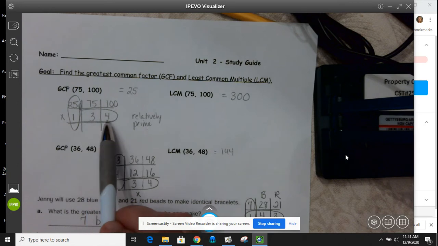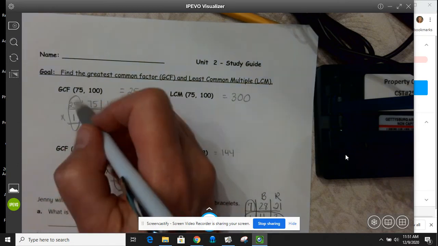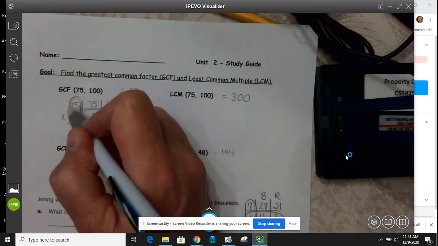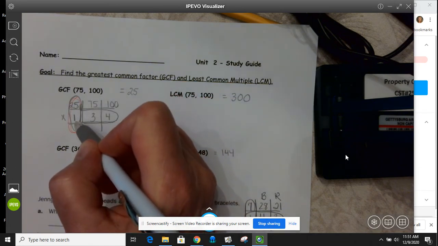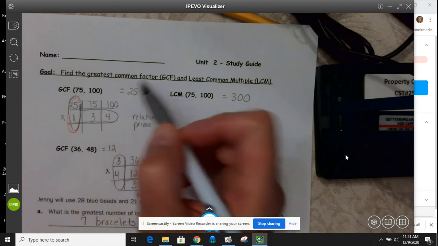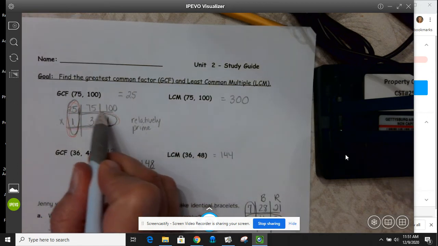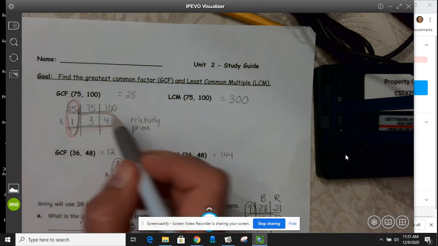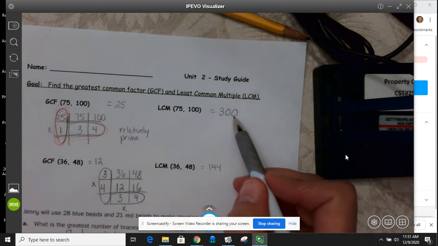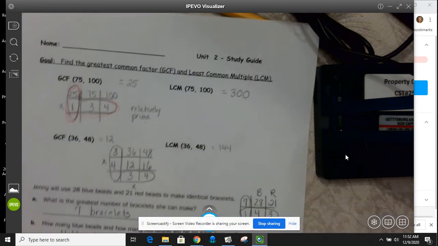You would have gotten 3 and 4. Remember, for the greatest common factor, circle the first column. You probably would have had a 5 and a 5 if you did it that way. Your GCF then would be 25. And then when you circle the bottom, you're going to multiply all of these numbers, that L shape, and you're going to multiply them and get 300 for your LCM.